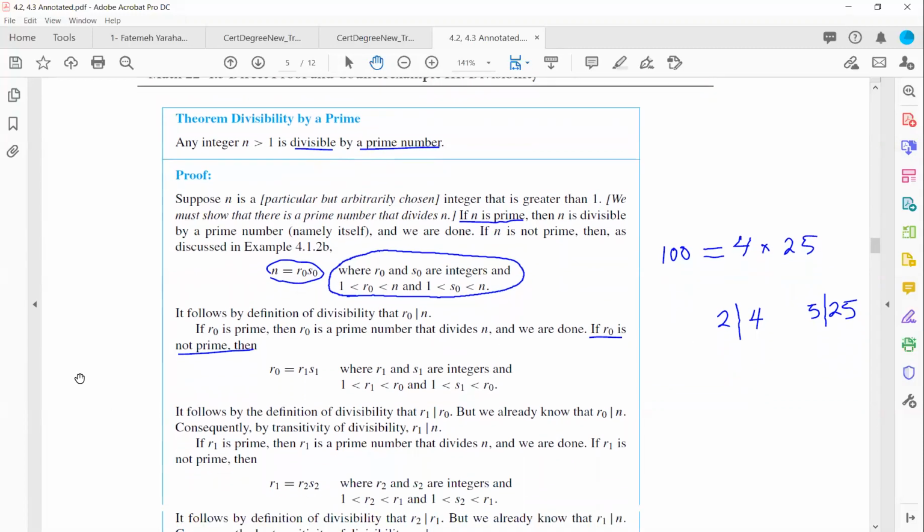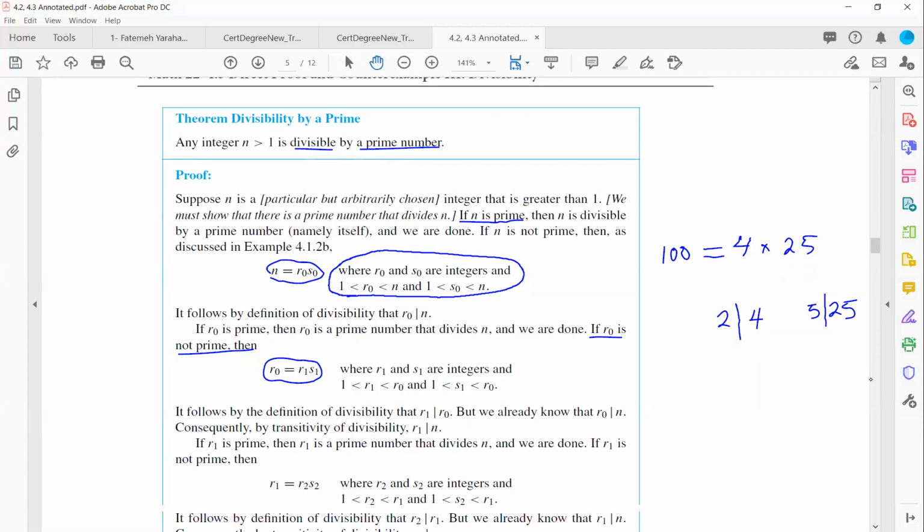It means that these two numbers are also composite. We can write r sub 0 as the product of two other integers, like r sub 1 and s sub 1. Again, we have to investigate. If r sub 1 is prime, r sub 1 is a factor of r sub 0, and r sub 0 is a factor of n, so r sub 1 is a factor of n, and you're done.